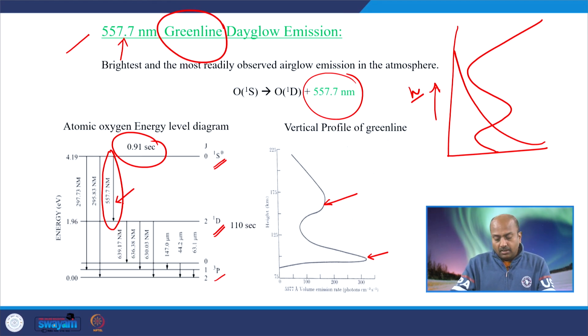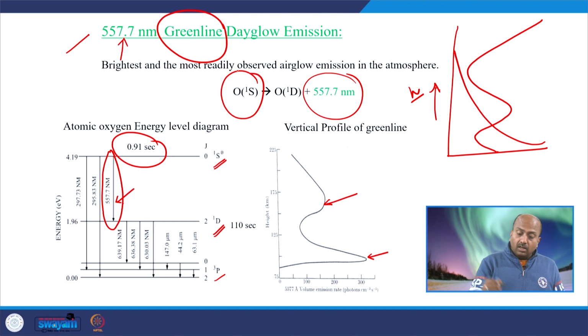But the point is, the way this curve is looking tells you that the intensity of airglow emission is not constant throughout the atmosphere. Or we can also infer one more very valid piece of information: at different heights, the way in which the oxygen atom is excited into this singlet S state is different.